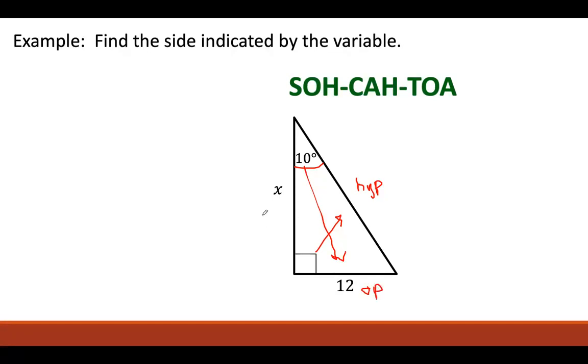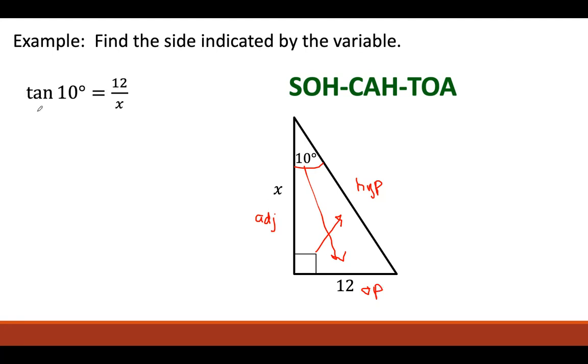And x would be your adjacent side. So the two sides that we have given to us are our adjacent and opposite. The only ratio that uses opposite and adjacent is tangent.